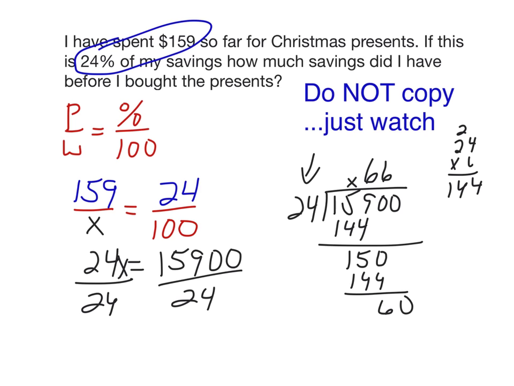24 goes into 60. That means 2 times. 48, my remainder is 12. I got to keep going. Add that 0. 24 goes into that 5 times, and that gets you 120. So your remainder is 0.